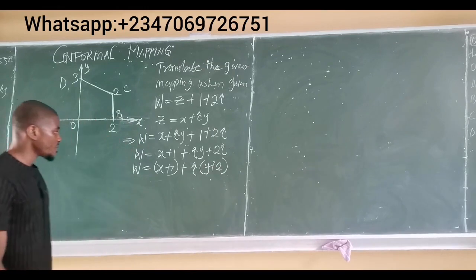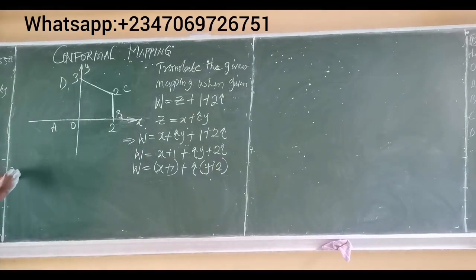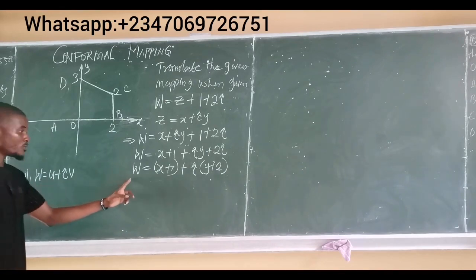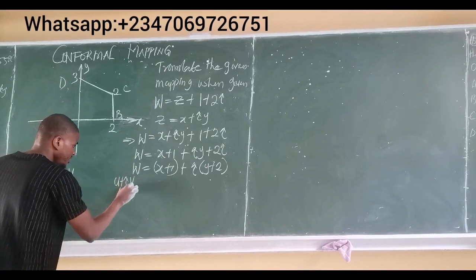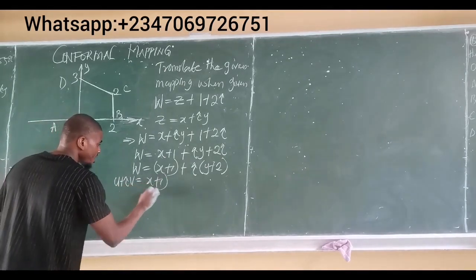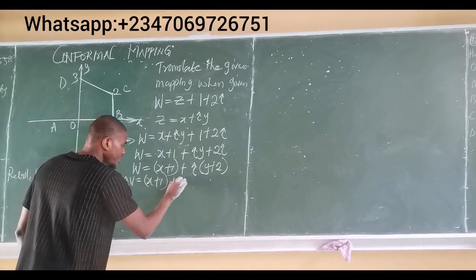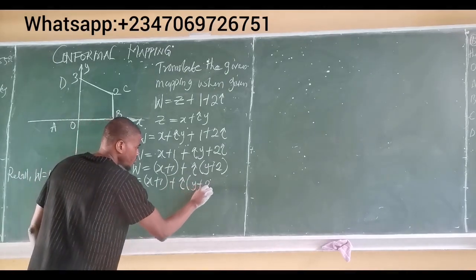But recall I said always consider W to be equal to u plus iv. Wherever you see W, put in the value as u plus iv. In place of W here, we have u plus iv is equal to x plus 1 plus i into y plus 2.